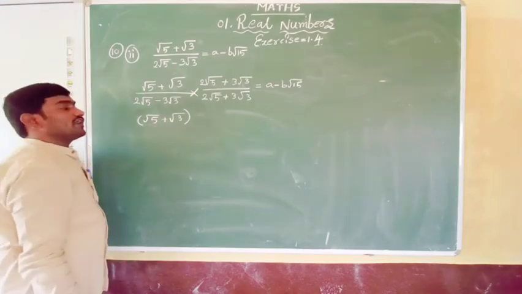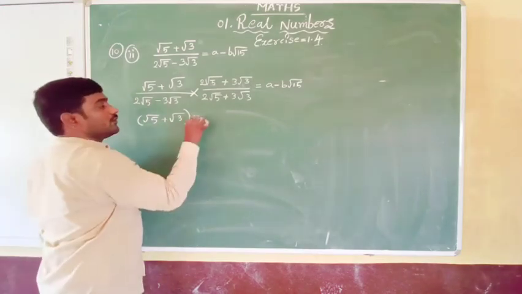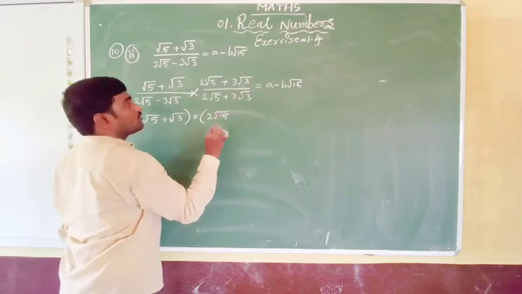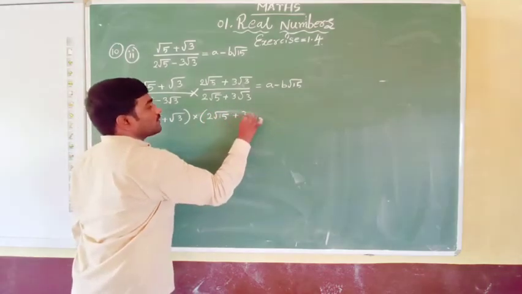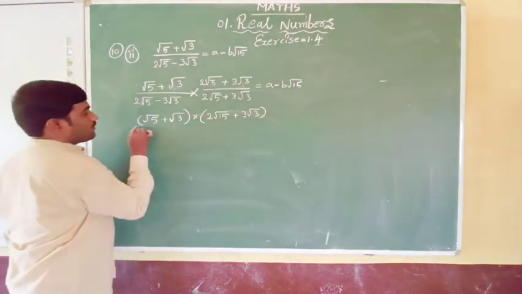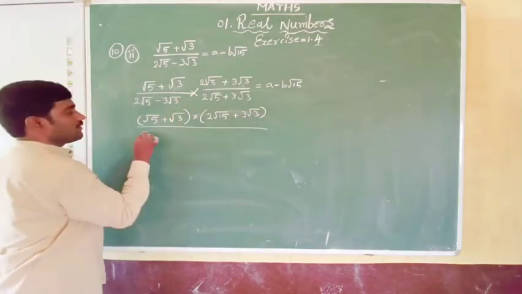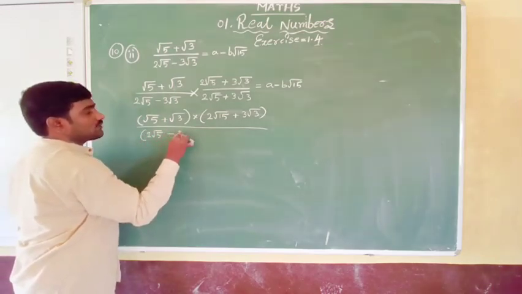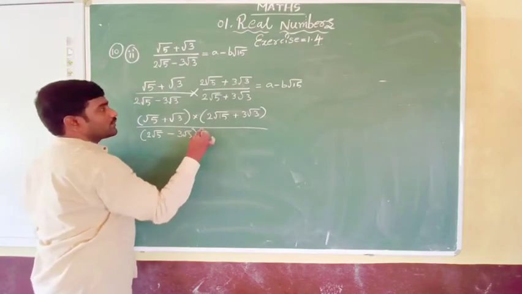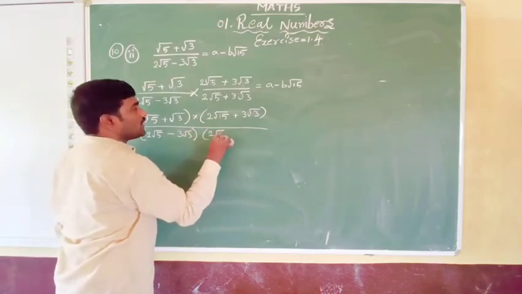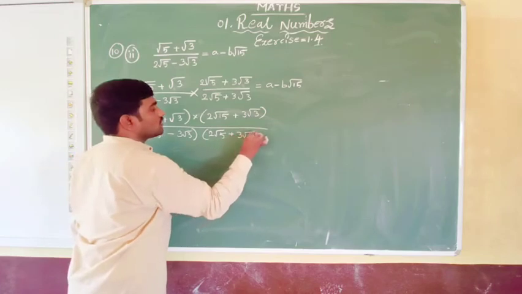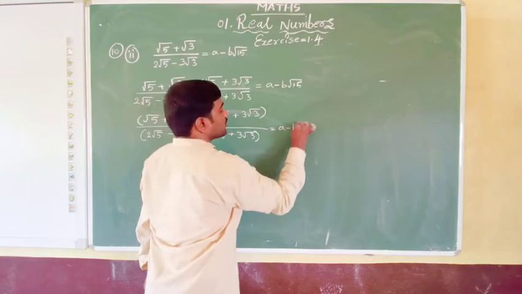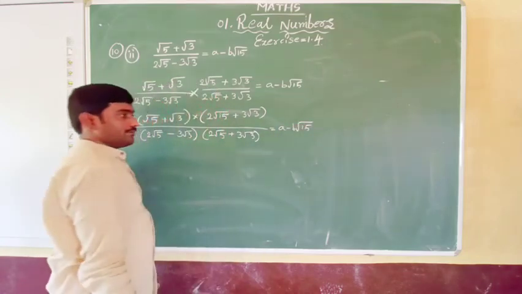Root 5 plus root 3 into 2 root 5 plus 3 root 3, all by 2 root 5 minus 3 root 3 into 2 root 5 plus 3 root 3, that equal to a minus b root 15.